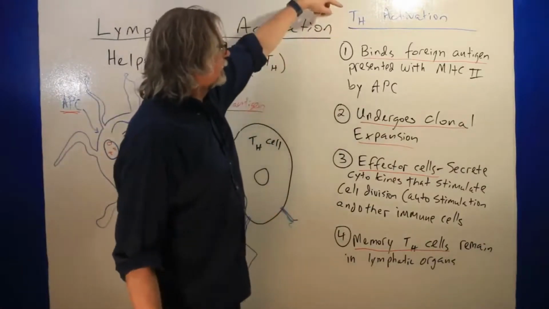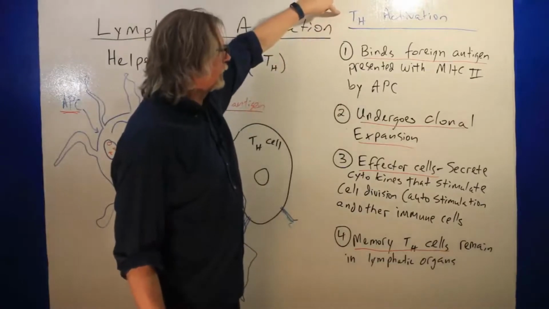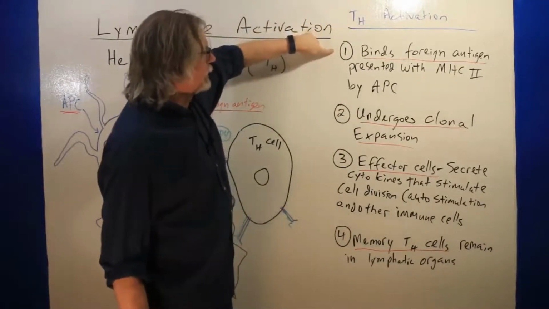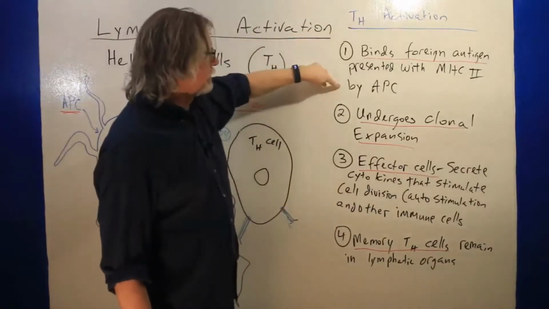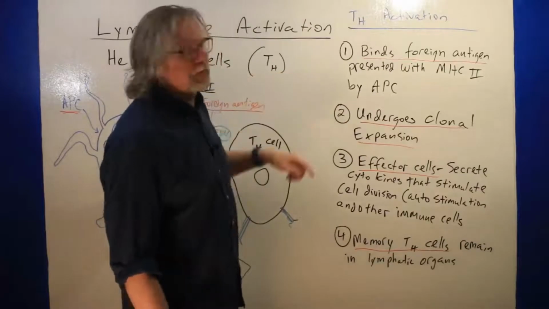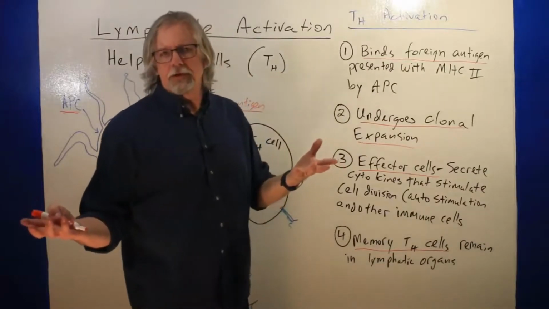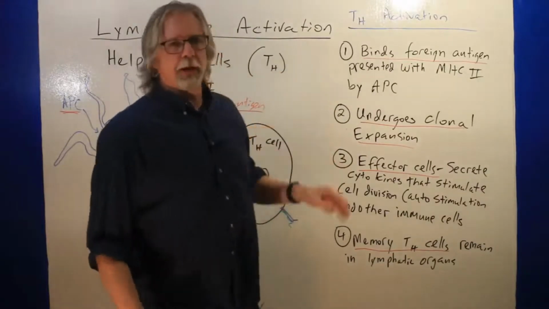What happens when it's activated? So helper T cell activation is triggered by binding to the foreign antigen presented with MHC2 by an antigen presenting cell. What happens next is going to be similar to what happens in a B cell activation. Clonal expansion.